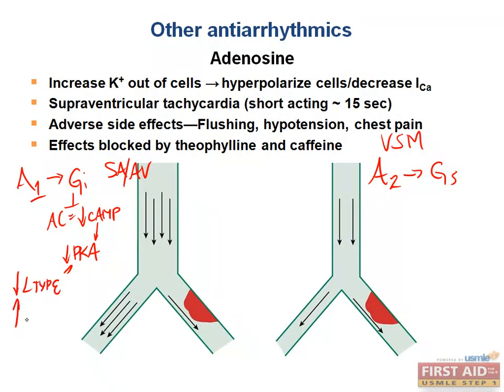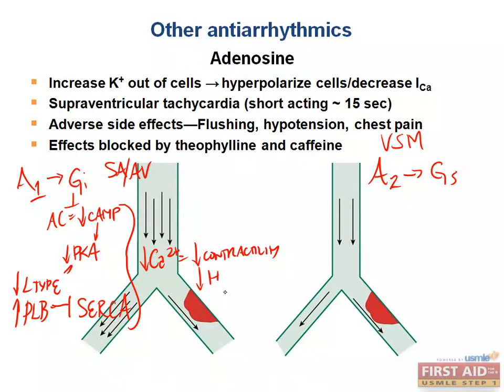But since we're not doing that, we get increased activity of phospholamban, which means that it inhibits the sarcoendoplasmic reticulum calcium pump that is pumping calcium into our SR for storage and increased release of calcium for future events. So basically the net overall effect is that we have a decrease in calcium, which means we have less contractility and a decrease in heart rate.